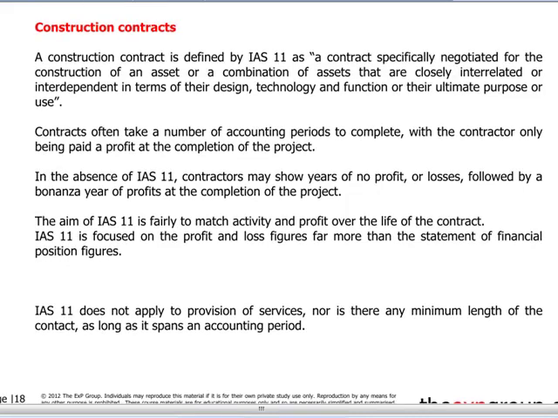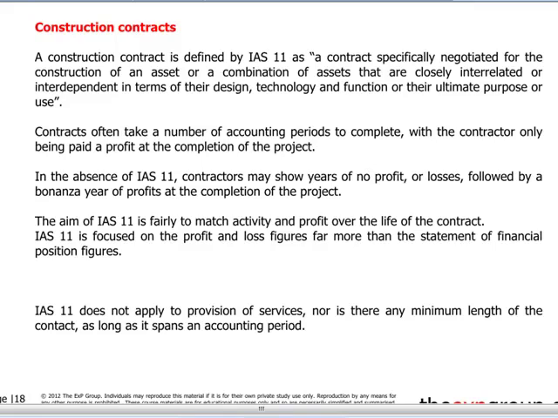Before this standard was in place, what the builders or the contractors would actually do is they had a number of years where they just incurred losses because they didn't know whether or not the project would be profitable, and then one big huge bonanza year, if you want, where the profits are skyrocketing.